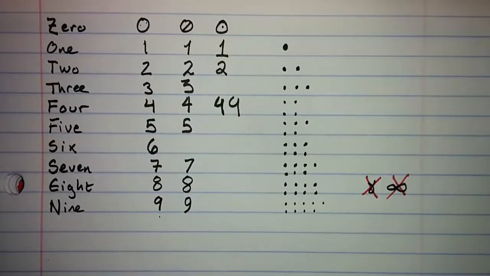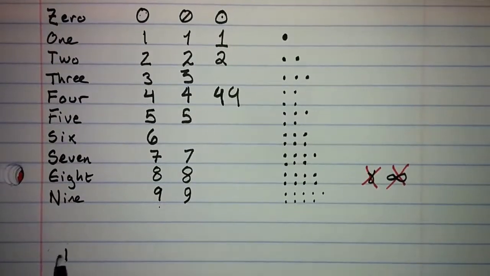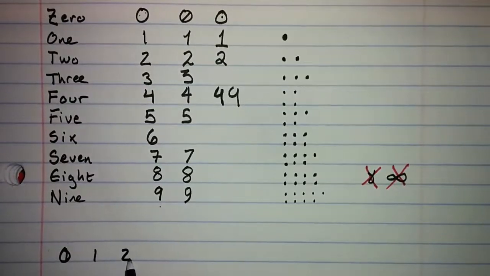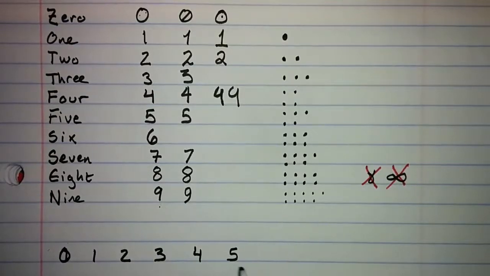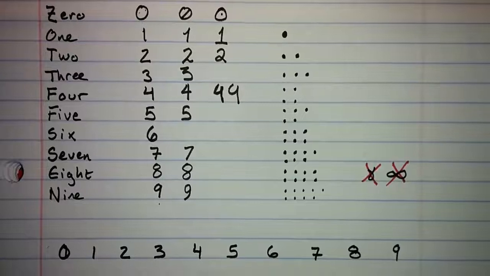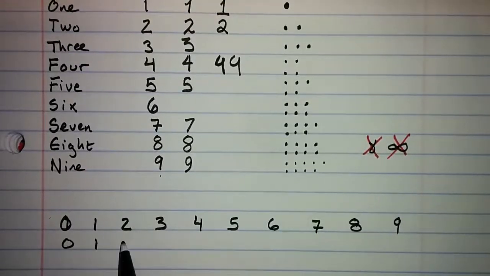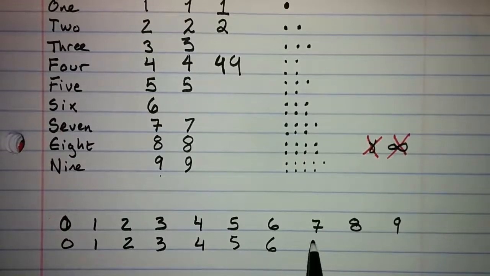But there are certainly whole numbers bigger than 9. How do we represent those? Well, as we're counting, we have 0, right, for no things. 1, 2, 3, 4, 5, 6, 7, 8, 9, and then we start again. 0, 1, 2, 3, 4, 5, 6, 7, 8, 9.